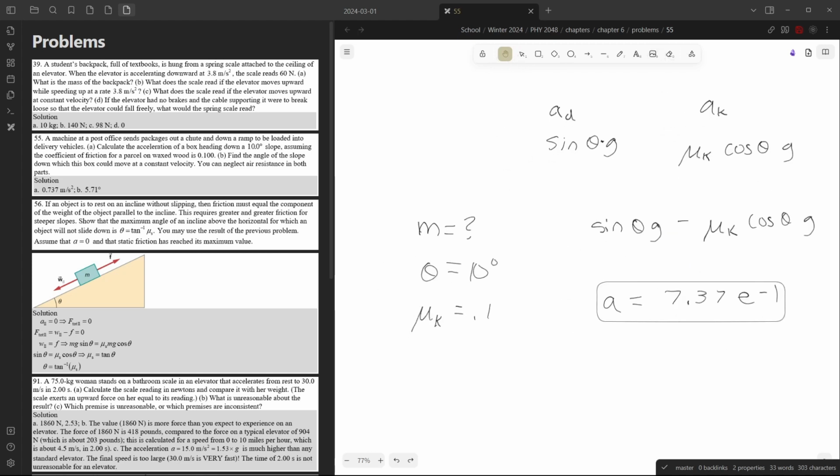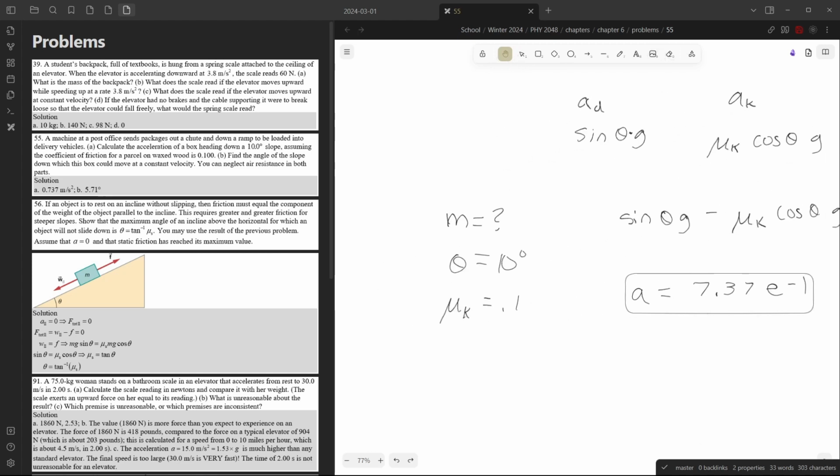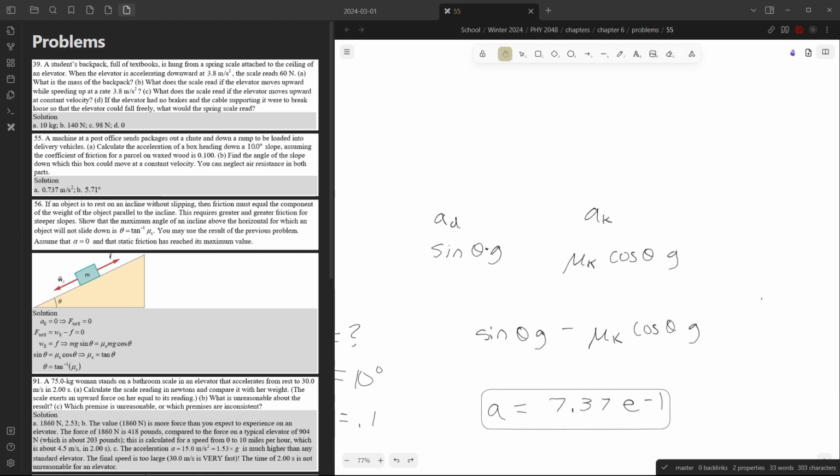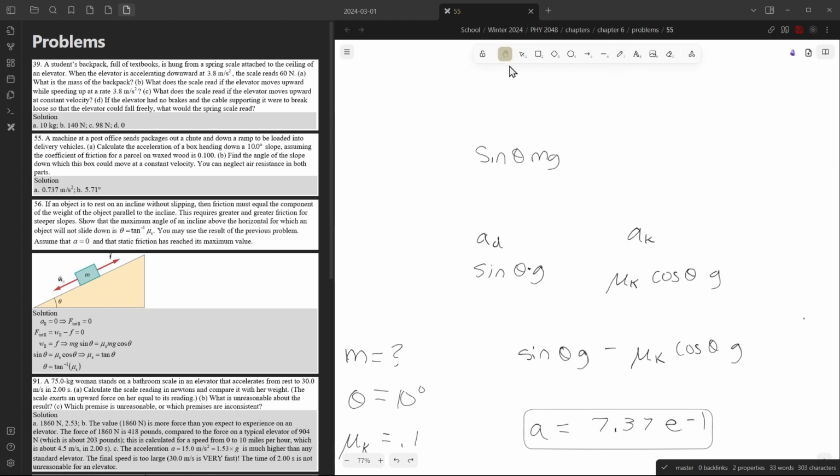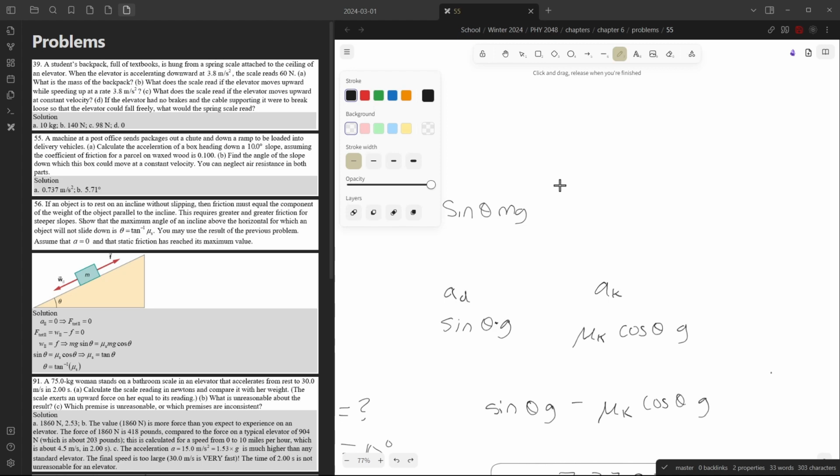And I'll just do it with forces because that's usually what they're going to show, that's what you're going to remember. Usually the downhill force would be sine theta times mass times gravity, and then the friction force would be coefficient of friction times cosine theta times mass times g.